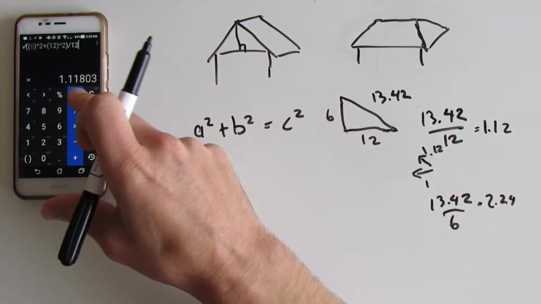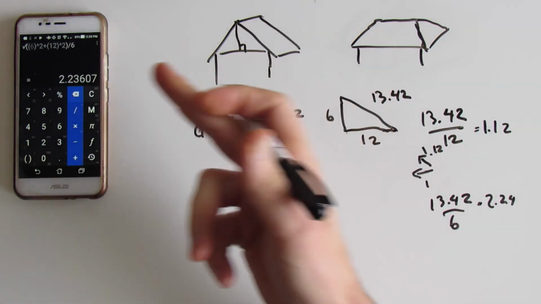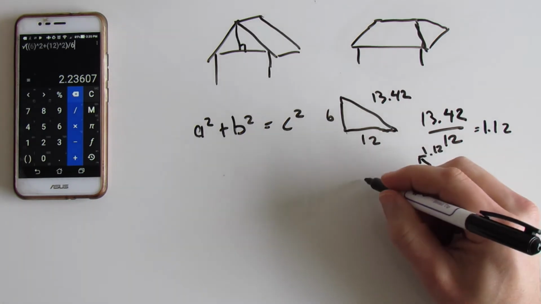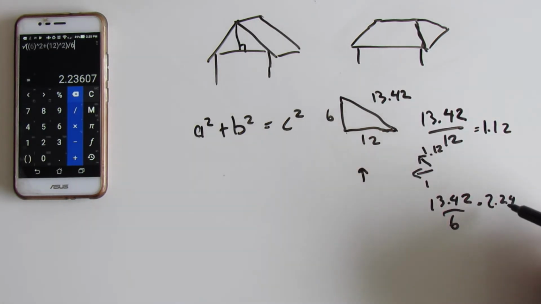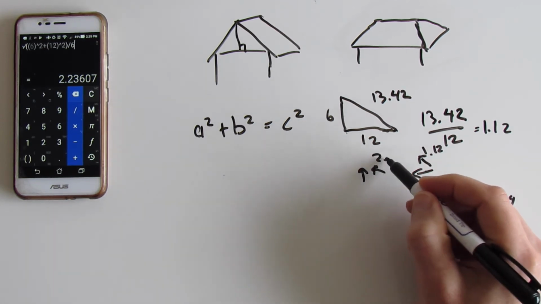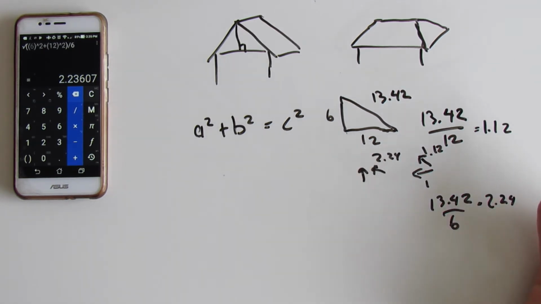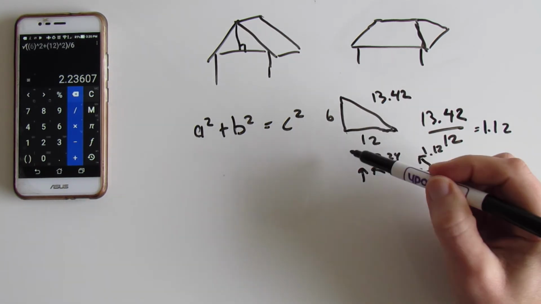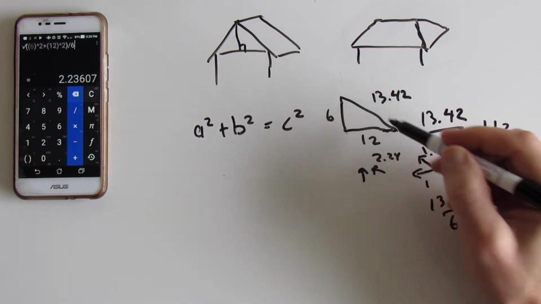Let's just prove it to ourselves over here. 2.24. So that means that for every inch you go up, you're going to go 2.24 that way. So we know that if we just move in this direction, we're going to go up this way. And if we move in this direction, we're going to go up this way.